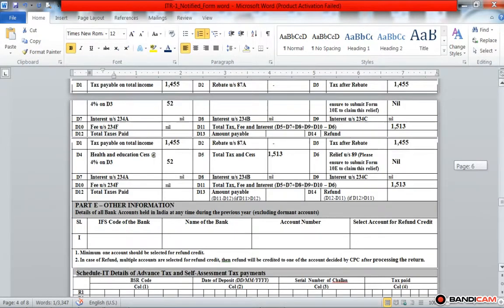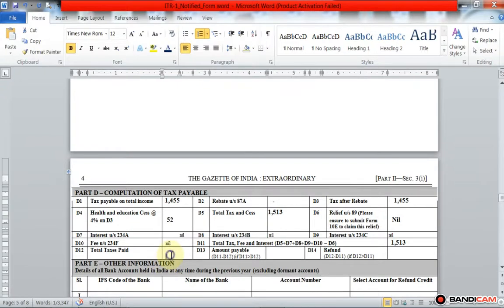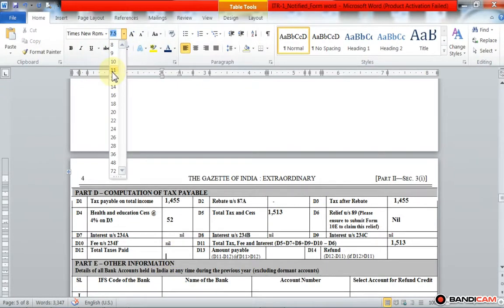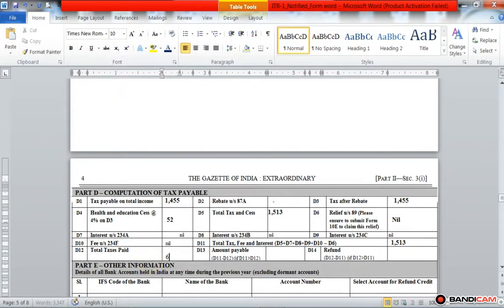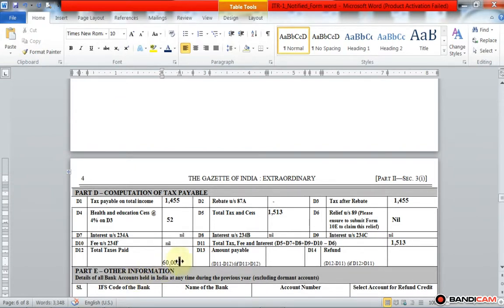Okay, so here 60,000 is the tax paid by the SSC. So here total tax is 1,513 and tax paid by the SSC is rupees 60,000.